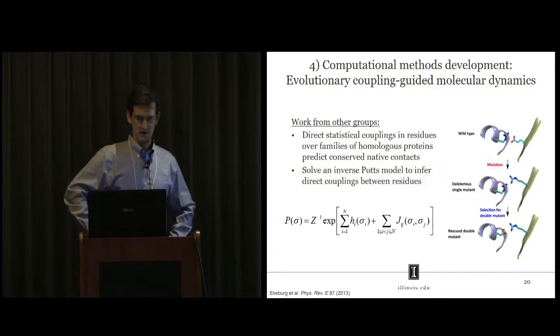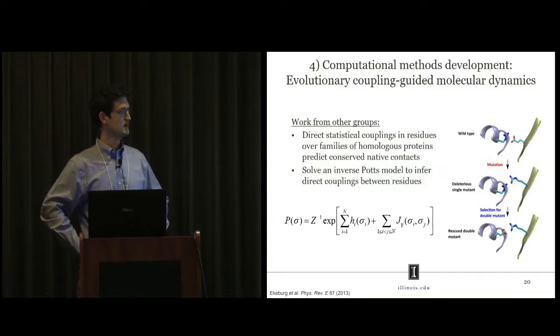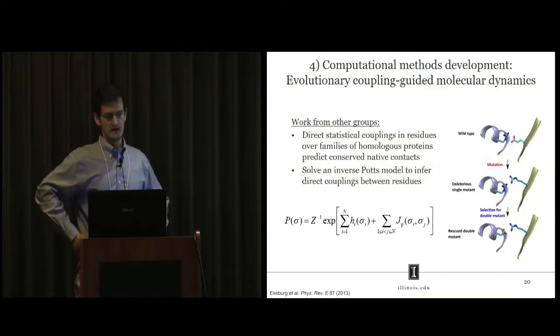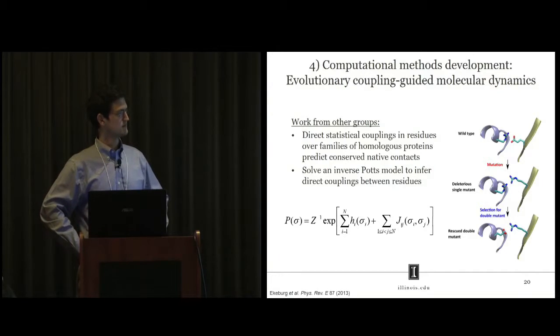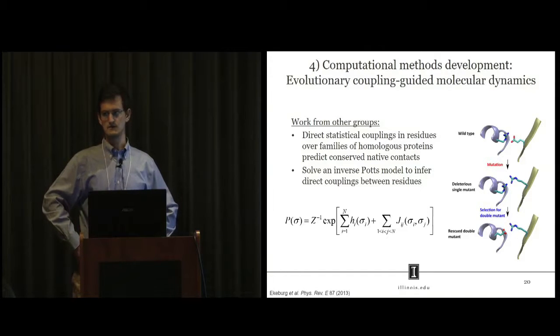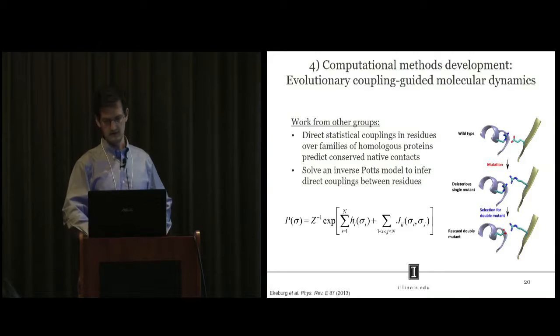So they borrowed the Potts model from statistical physics, and you solve an inverse problem, and you get back coupling terms which basically tell you which residues are likely directly interacting and giving rise to these correlations.